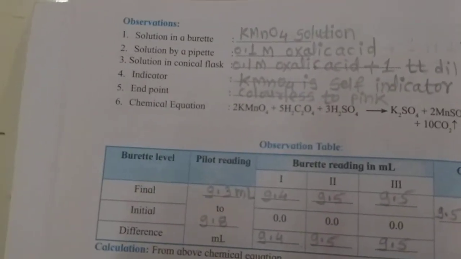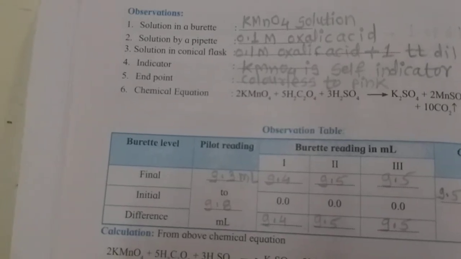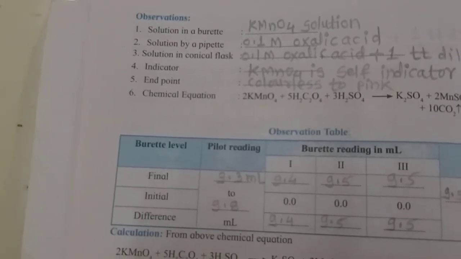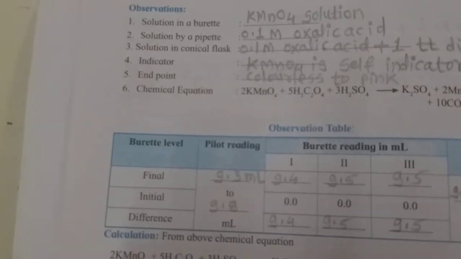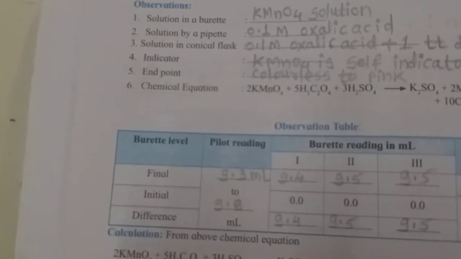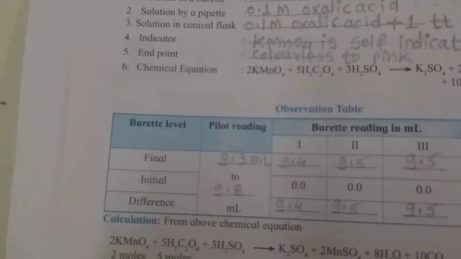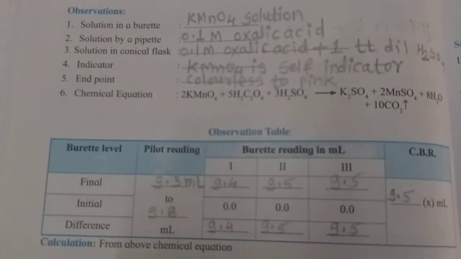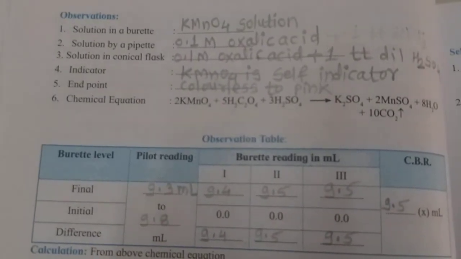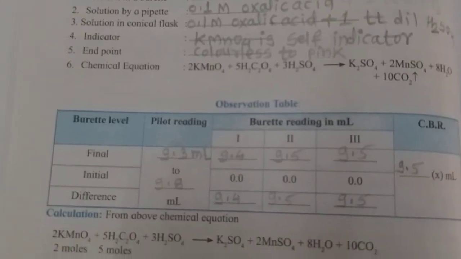The solution in the burette is KMnO4. The solution by pipette is 0.1 molar oxalic acid. The solution in the conical flask is 0.1 molar oxalic acid plus 1 test tube dilute H2SO4. KMnO4 is a self indicator and the end point is colorless to pink.